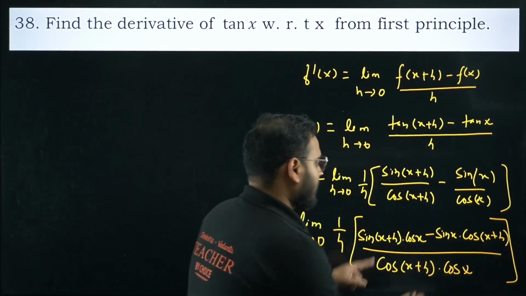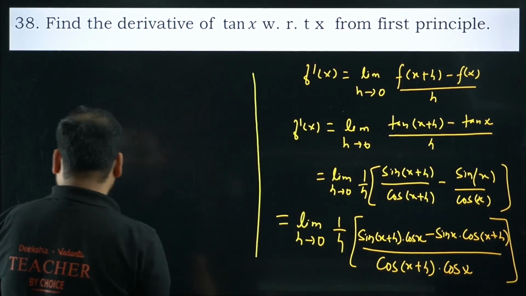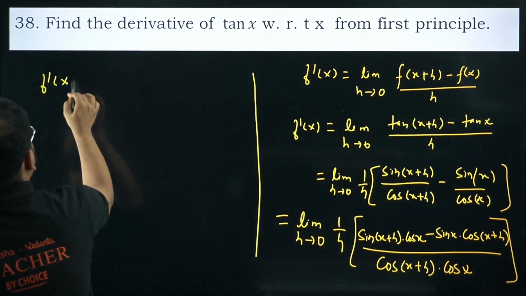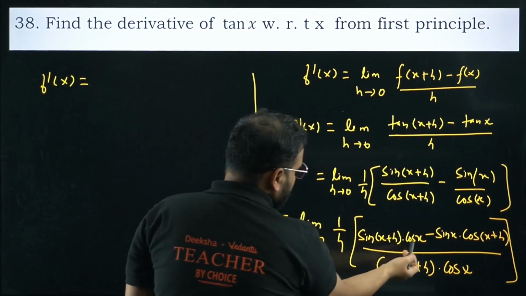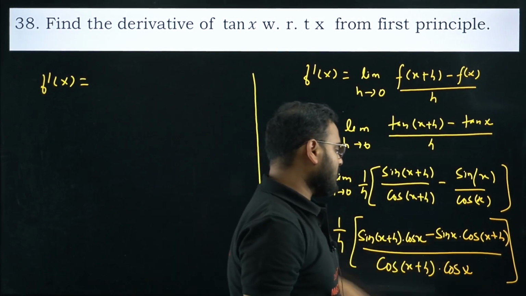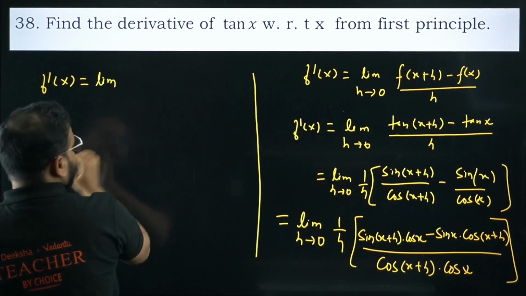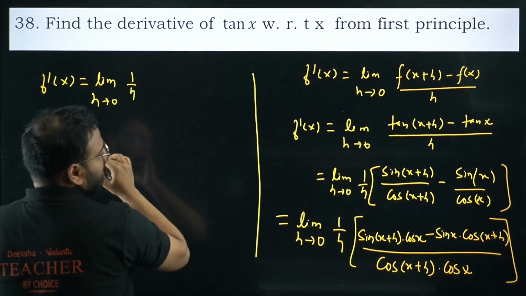Yes or no? These two together. Okay, so what I have left so far, please check. f dash of x will be nothing but, have a look, sin A cos B minus sin B cos A. So first I'll write the limit, limit h tends to 0, 1 by h is outside.